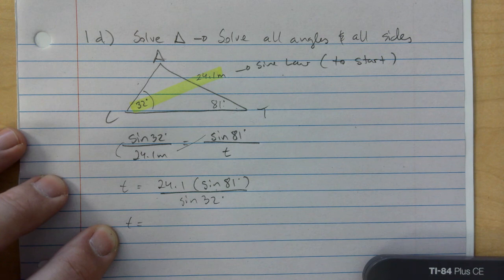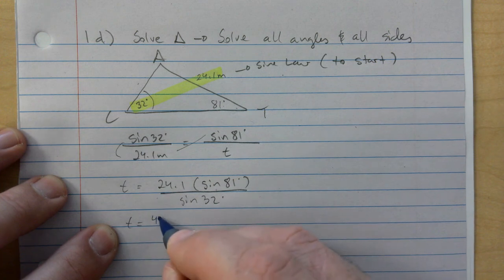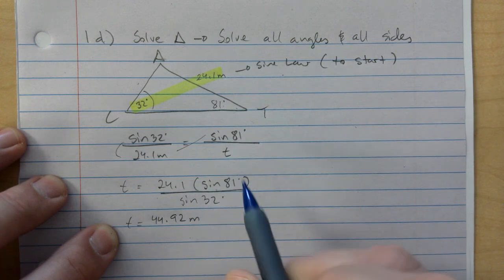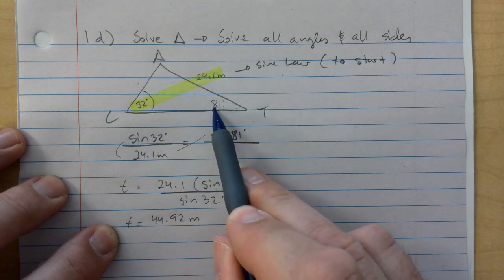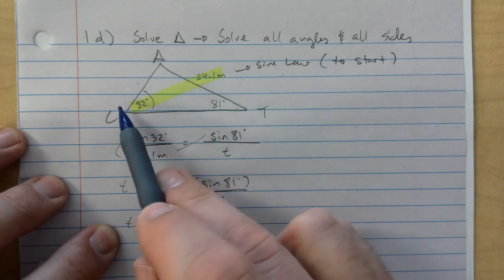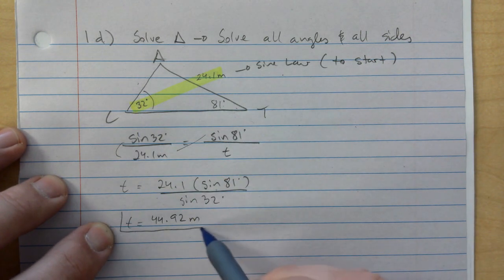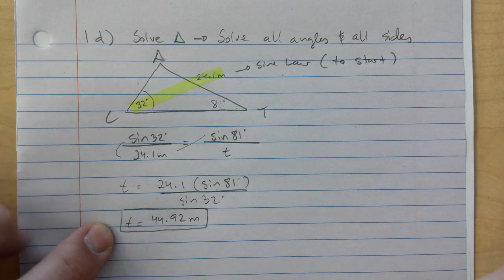Be careful when you type in. Make sure you do it properly. That's 44.92 if you round it, meters. And it makes sense. The angle is more than twice as big as the 32, so you expect the side length to be at least double. So you solve for t.